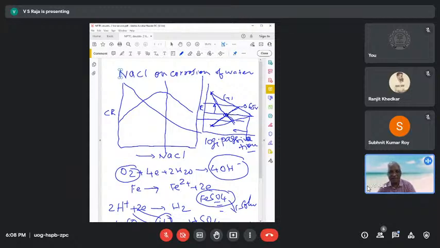So the point to be seen, I tell all the people, is that the mother of the understanding of corrosion kinetics is the Evans diagram. You have to first resort to that. Go there and try to make the point, whatever you're making. Try to make this diagram. When you start making this diagram, the answers come very well, and there is no ambiguity.